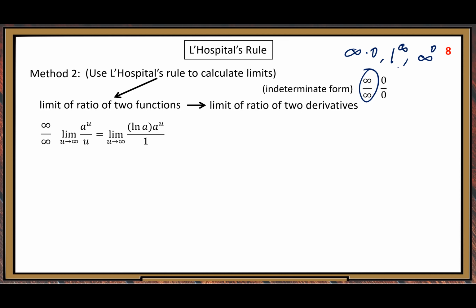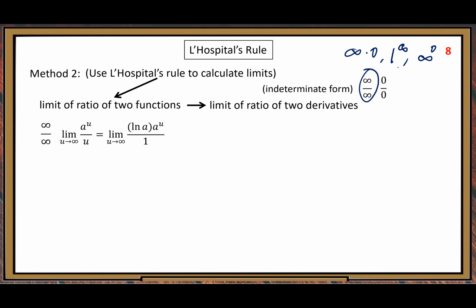The derivative of u is 1, that's easy; I hope you still remember the simple one. The exponential function is a little harder, so we can find its formula on the web or in your old textbook. It is natural log of a times a to the u.